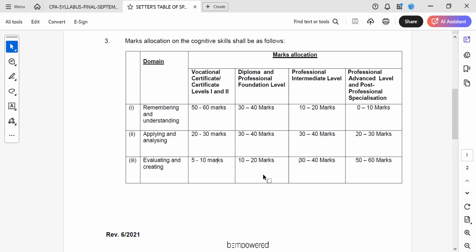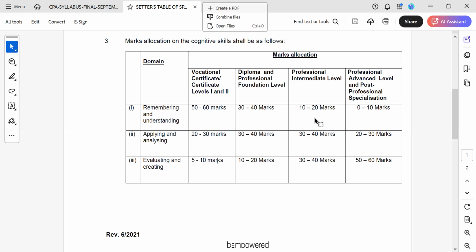30 to 40%. So ideally, if we were to summarize, this applies to all the papers in intermediate level, not only FR, but all the papers in intermediate level. And at this point, we can all agree that whatever comes directly from your notes is a maximum of 20%.